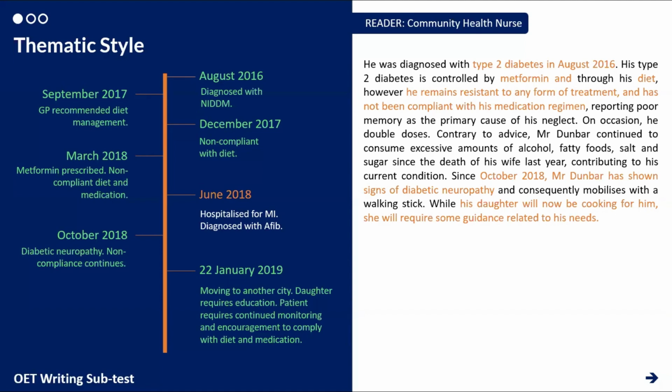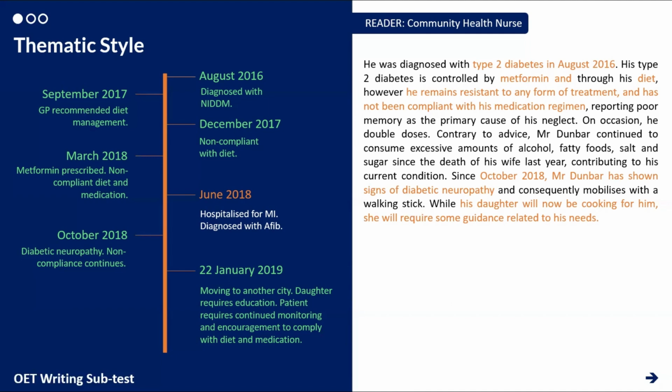And you can see that this timeline basically starts from the diagnosis in 2016, and then moves on to the information of the non-compliance, the prescription of metformin, to the continued non-compliance for both diet and medication. And then it talks about the most recent one in terms of diabetic neuropathy, which was last October 2018.